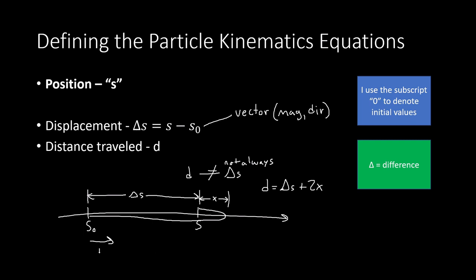So if we denoted this as positive, if your final position was actually somewhere over here, then you would have a negative displacement, which is different than the distance traveled, which is a scalar, meaning it only has magnitude. This number should always be positive. It's the only real way that it makes sense, because in our example down here, it only represents the length of this total path.